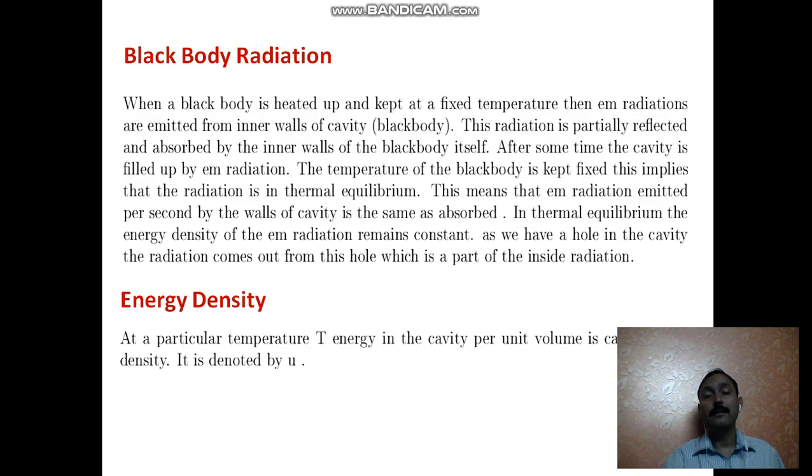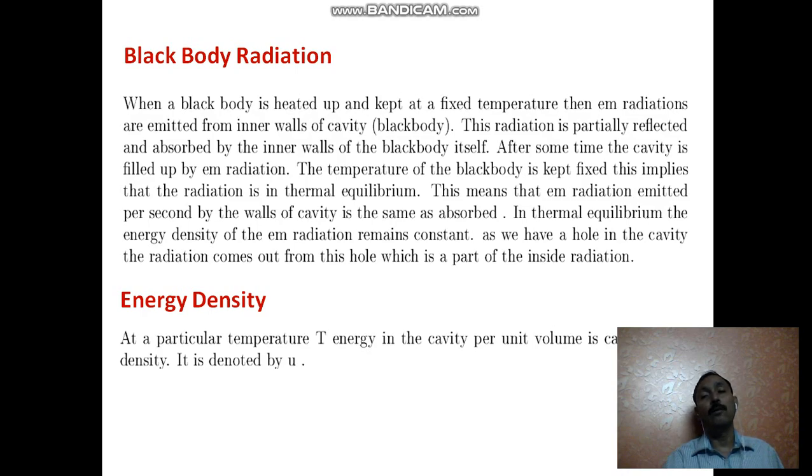This means that the electromagnetic radiation emitted per second by the walls of the cavity is the same as that absorbed. In thermal equilibrium, the energy density of the electromagnetic radiation remains constant.